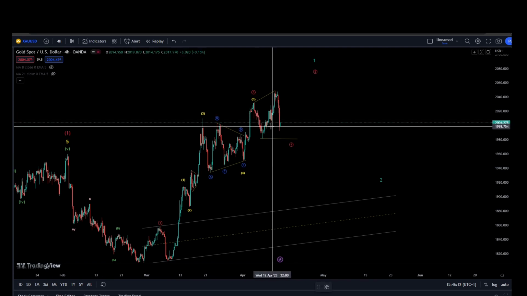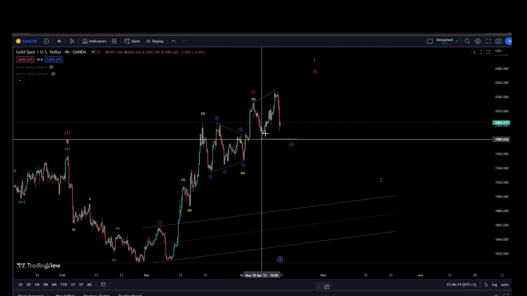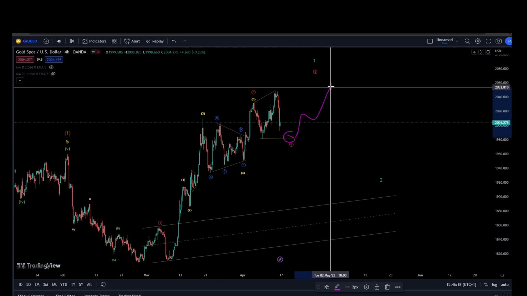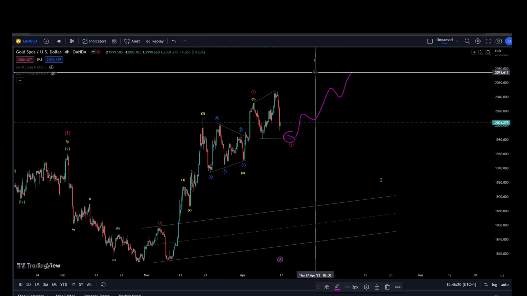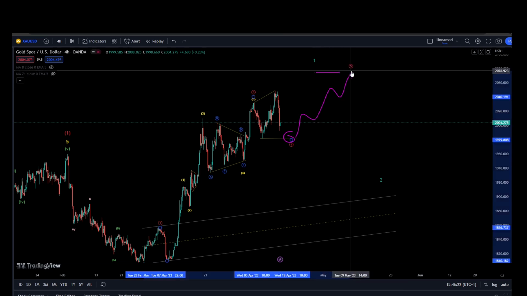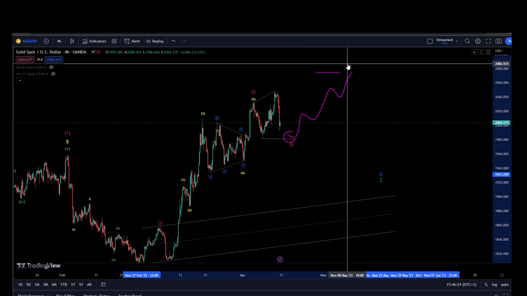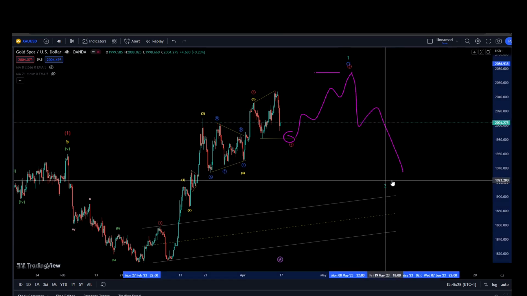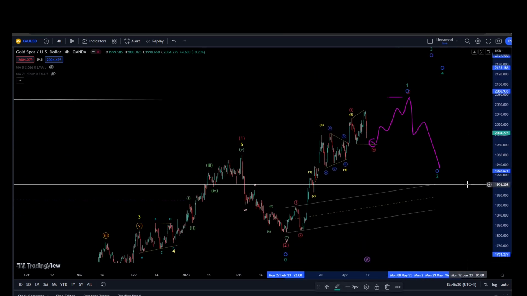Just be a bit careful. We're currently in this wave 4 in gold, and then we'll look for one more impulsive move for wave 5 up, and that will complete our wave 5. That'll give us our wave 1 of wave 3, and then we'll start seeing a correction back down deeper into a wave 2 as an ABC or something like that.